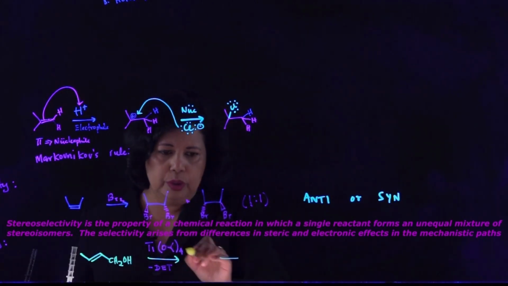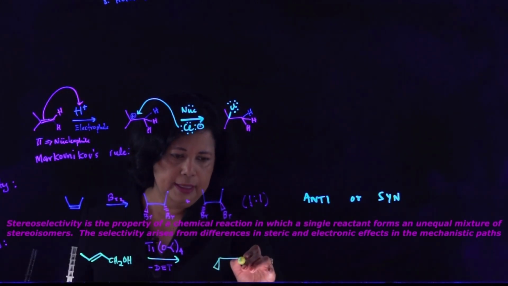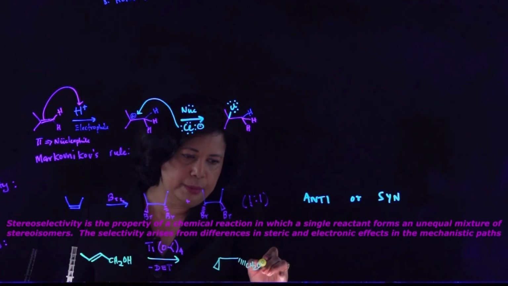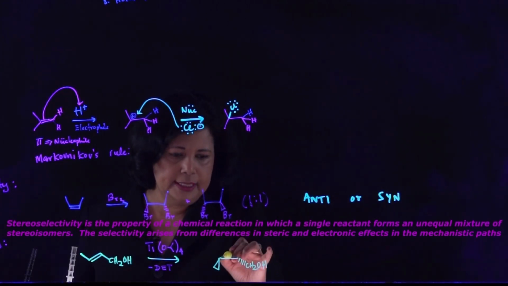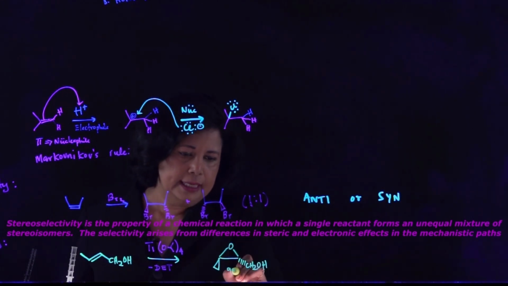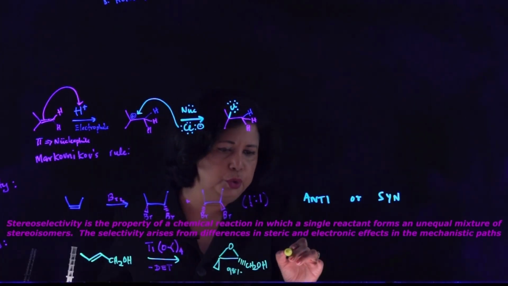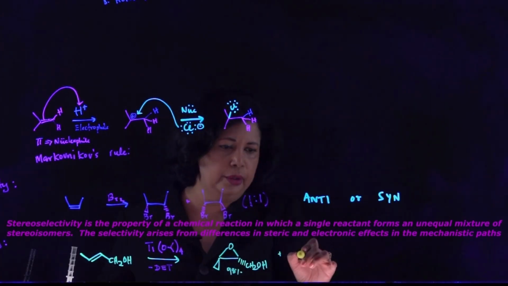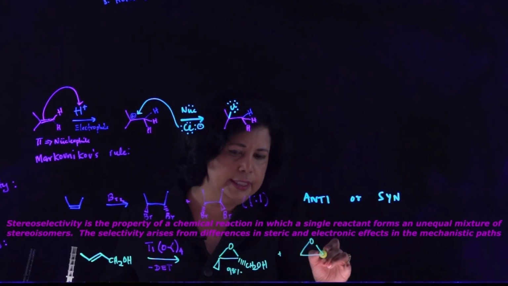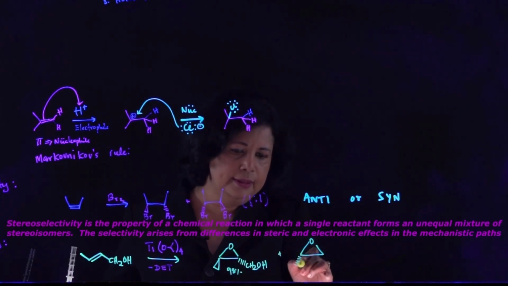In this case, the methyl up and the CH2OH being down, this is going to be about 98%. Its mirror image is going to be about 2%. So if you hold a mirror here, you would have this methyl going down and the CH2OH coming up.